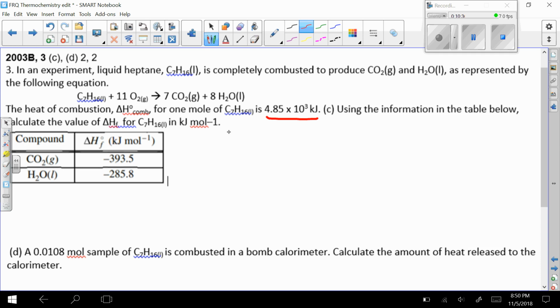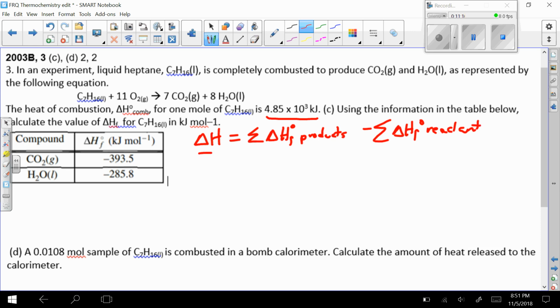Again, if you are looking at heats of formation or enthalpies of formation, you start with the enthalpy of a reaction, and this reaction is going to be this combustion reaction right here. You know that the sum of the enthalpies of formation of all of the products minus the sum of the enthalpies of formation of all of the reactants add up to give you that enthalpy of that overall reaction.